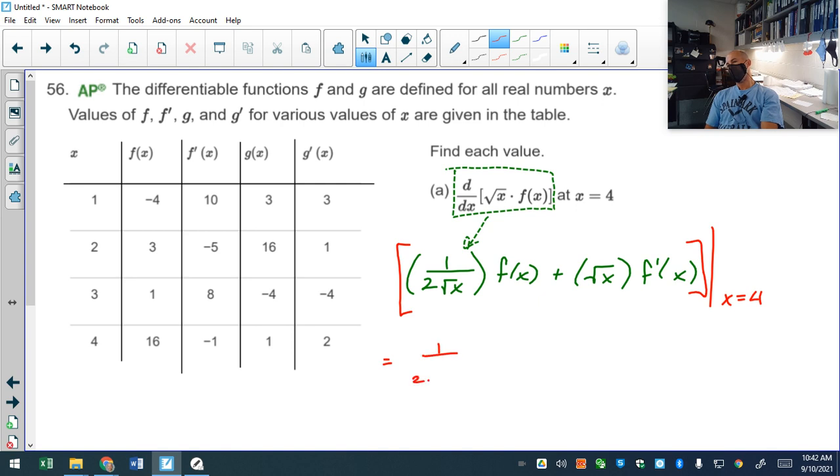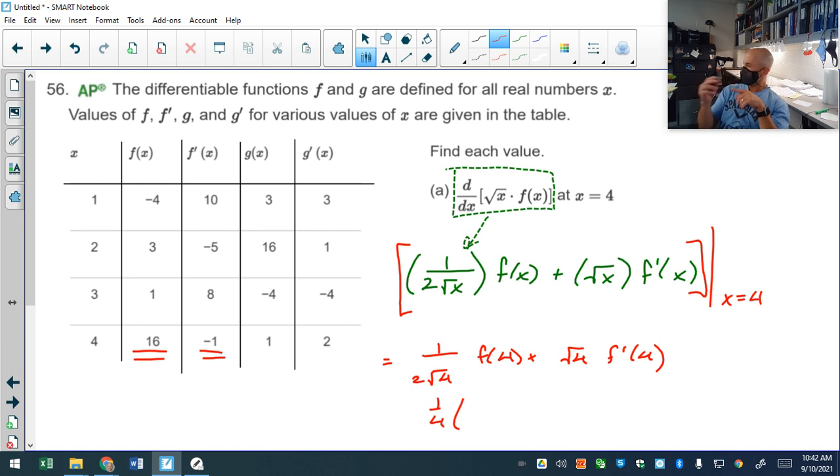So 1 over 2 square root of 4 times f of 4 plus the square root of 4 times f prime of 4. And how am I going to get f of 4 and f prime of 4? We simply look at the table. They give you those values. So 1 over 2 root 4 is going to be 1/4. F of 4.